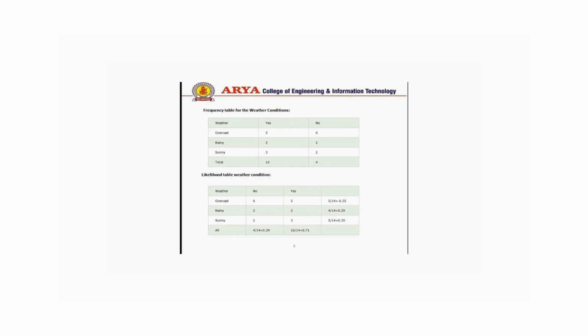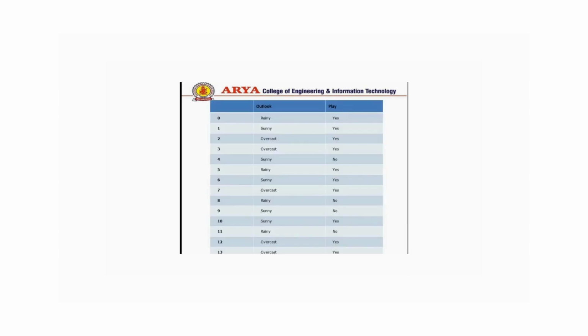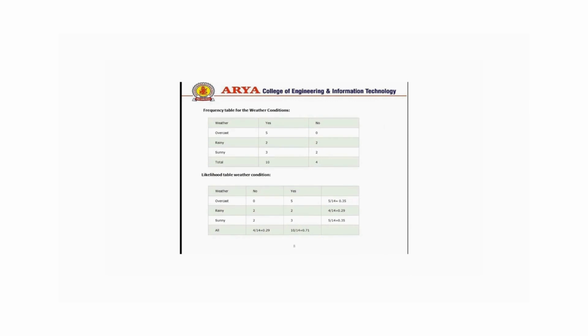Now the second step is to create a likelihood table for weather conditions. In the last column we are calculating the probabilities. Here, 5 over 14, as we have a total of 14 sets. So here overcast, rainy, sunny probabilities. Now we apply Bayes theorem.